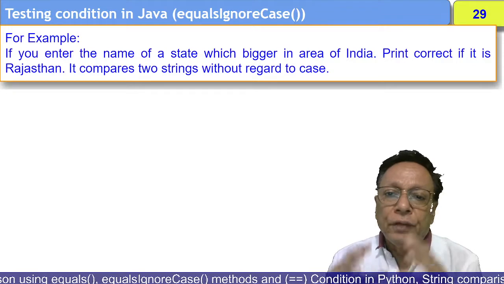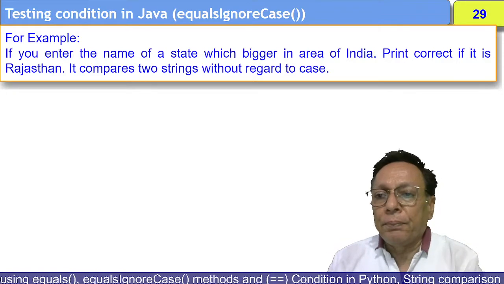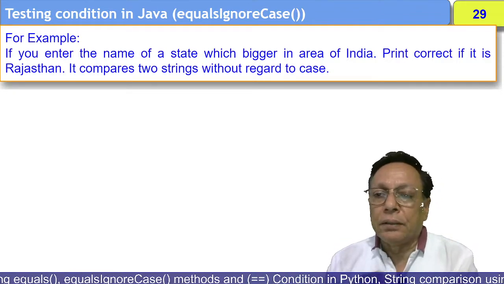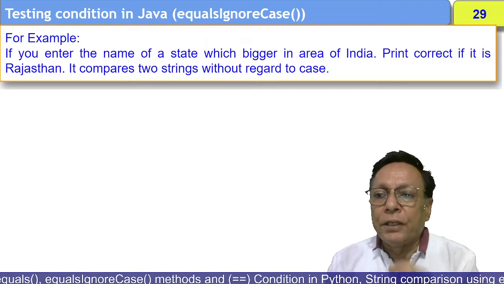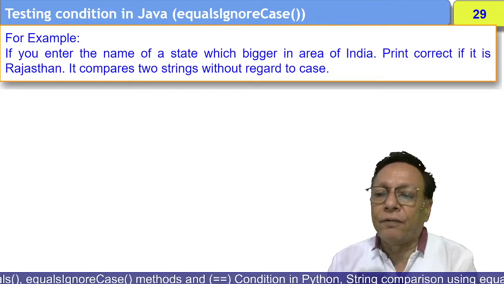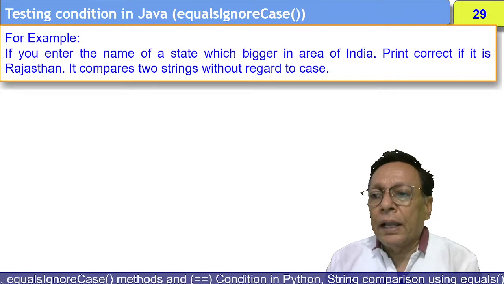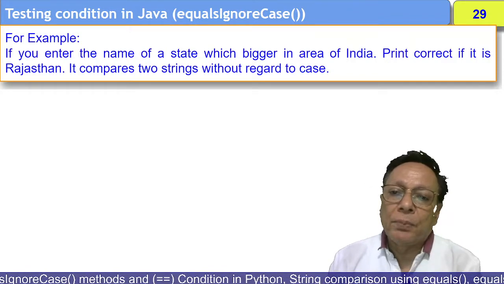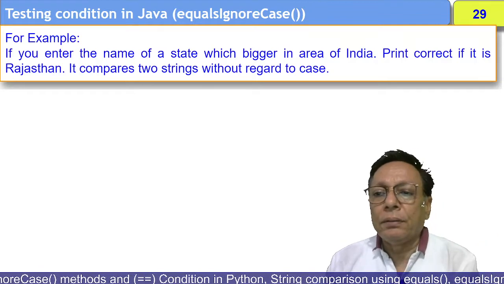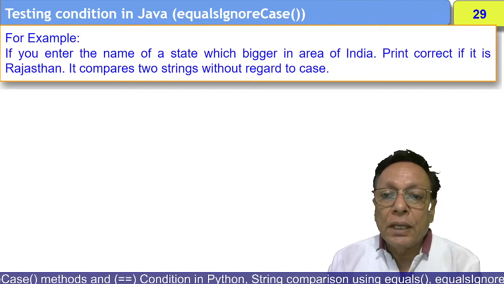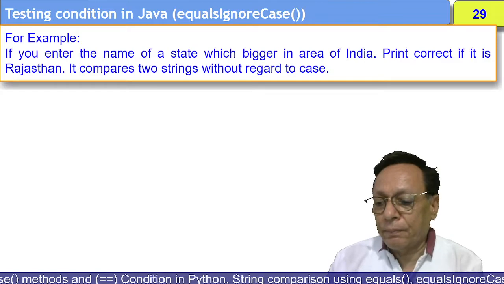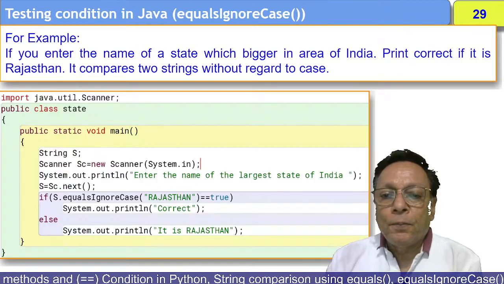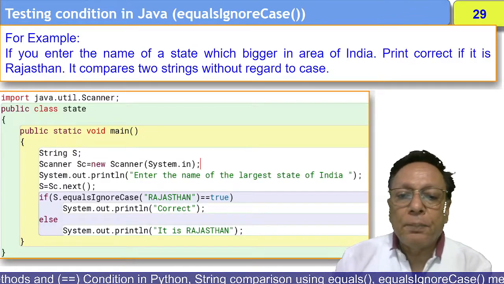Over here, if you are using the same program, you are going to enter the biggest state of the country, and this time I am not comparing using equals. I am going to compare these two words using equalsIgnoreCase. So see here, this is the program.